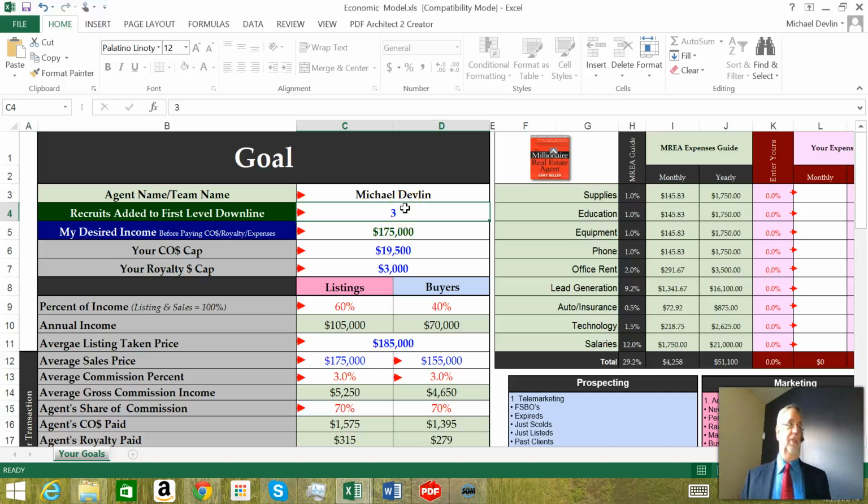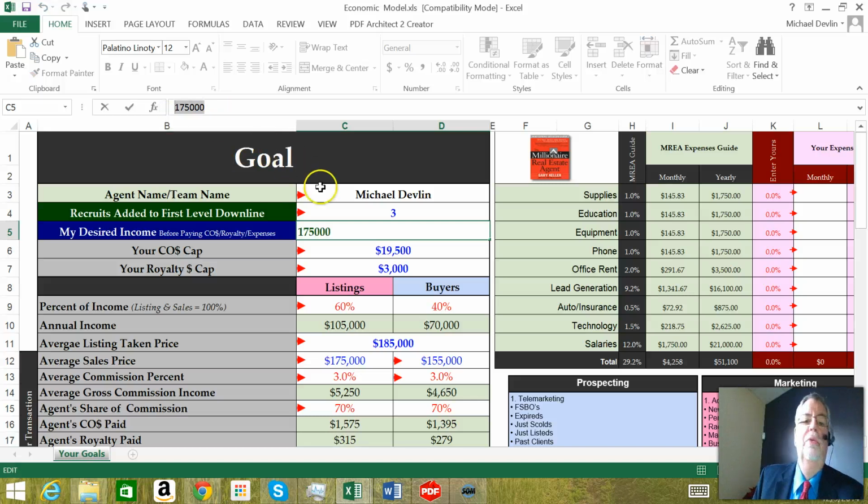So you ought to have a goal, and right now it says 175,000. Why don't we just leave that number for fun? Or would you like to make it bigger? Let's start with 175, but you would put in whatever your goal is, and this requires a little bit of tweaking.